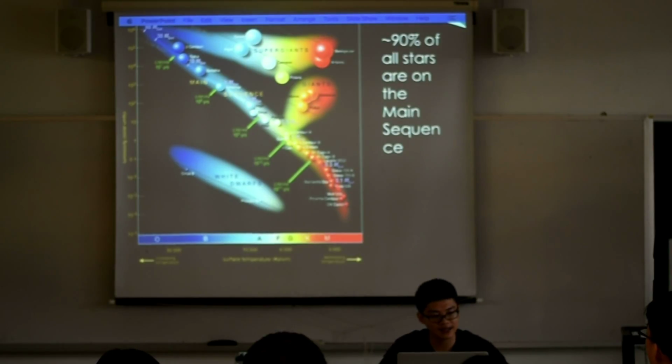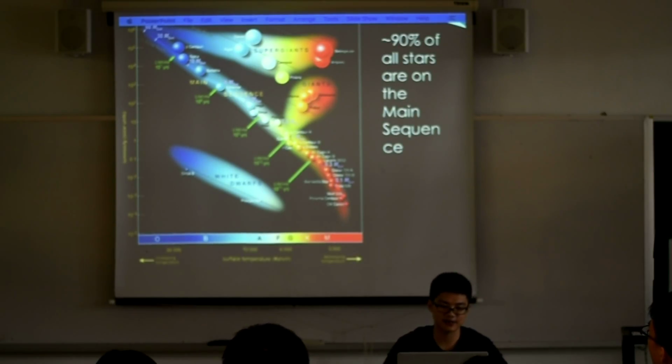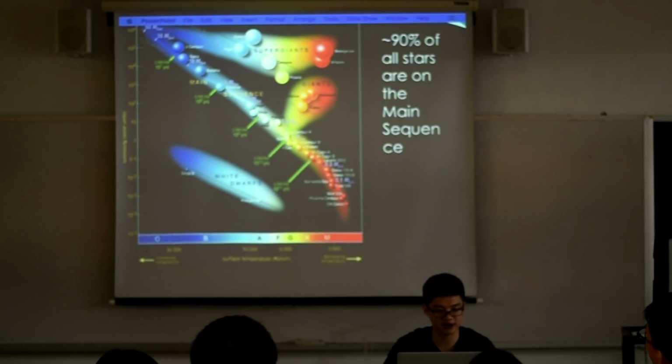And the supergiants, although they have comparably high luminosities, have lower temperatures, as the volume of a supergiant is higher than the main sequence, and that of white dwarfs is lower than the main sequence.